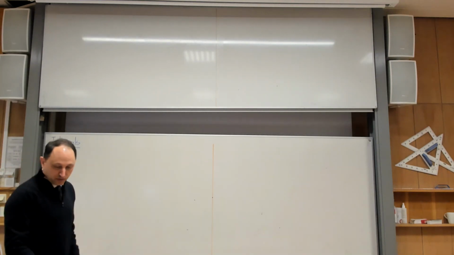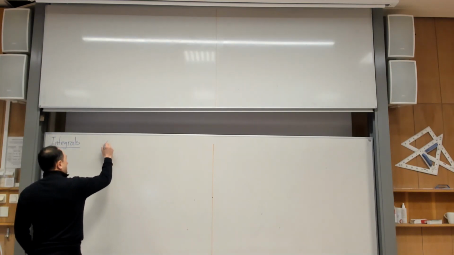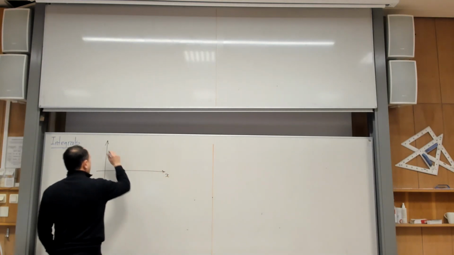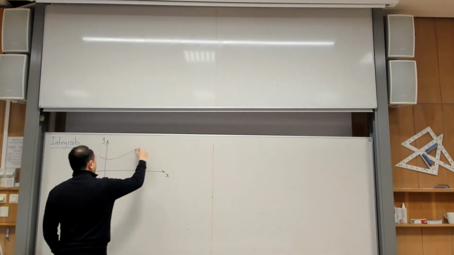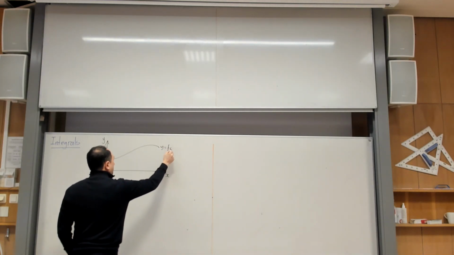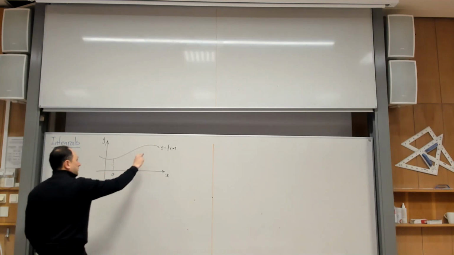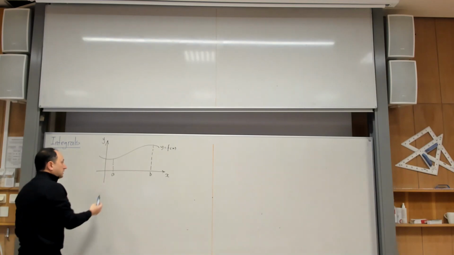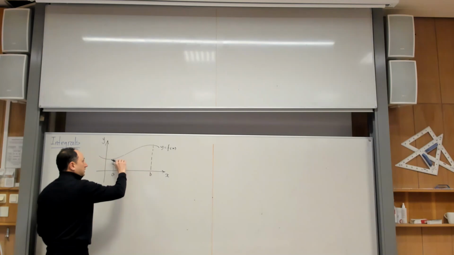I don't want to actually spend time again on it, but what we got is at least this interpretation is important for you to understand. If this is the x-axis and that is the y-axis, and assume that you have a function y equals f of x, it's continuous and it is above the x-axis, and somewhere between a and b, you are interested in the area which is enclosed between these two vertical lines and this horizontal line and this curve.